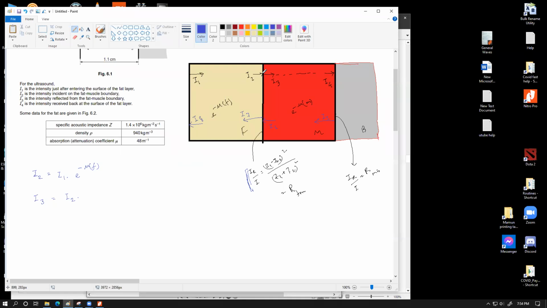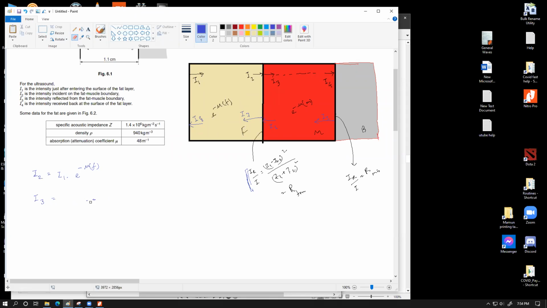Whatever got reflected off this boundary, whenever this boundary change happened, that is the IR. I3 is the transmitted part. So I3 would not be I2 times RFM. This will not be true because that is supposed to be the reflected part. So this is wrong.